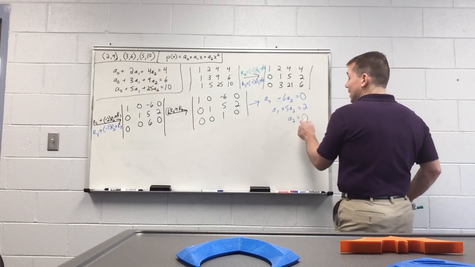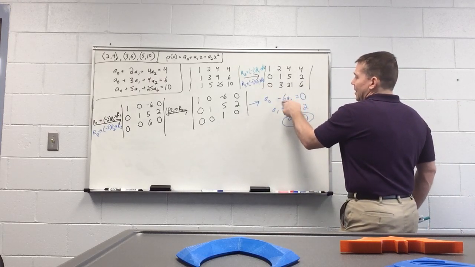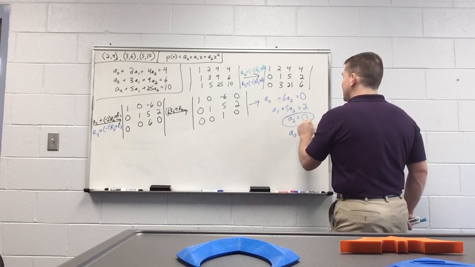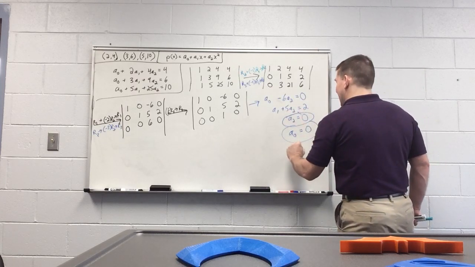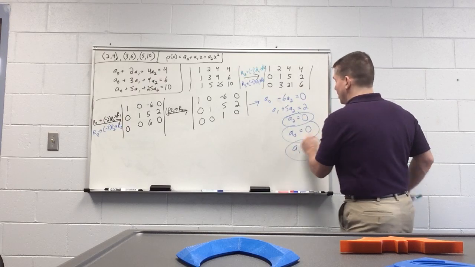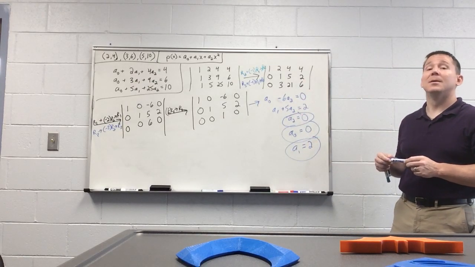But if a sub 2 is equal to 0, then that goes away and I get a sub 0 equals 0. But then this goes away and I get a sub 1 is equal to 2, because all those a sub 2's are just 0.